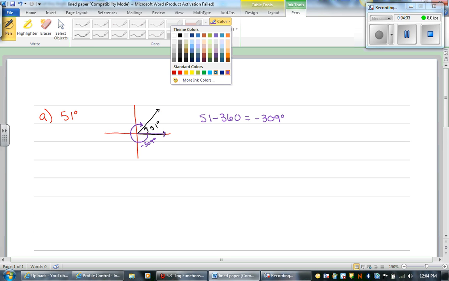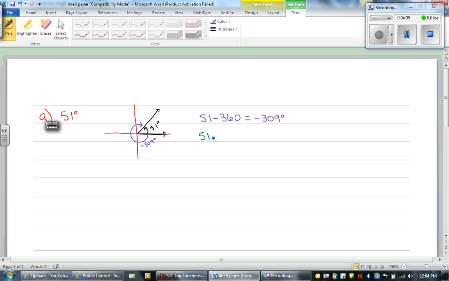All right, so another one would be 51 plus 360 degrees. So it contains a whole extra rotation. So an example of that would be starting at that initial, going around, and then finishing at the terminal. So 51 plus 360 would be 411 degrees. So these are examples of coterminal angles.